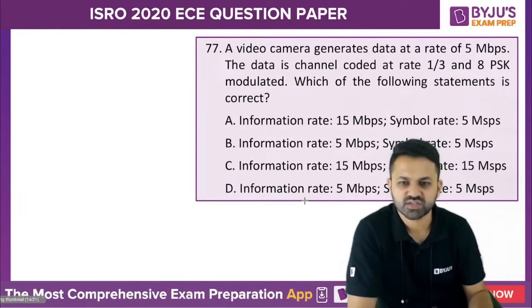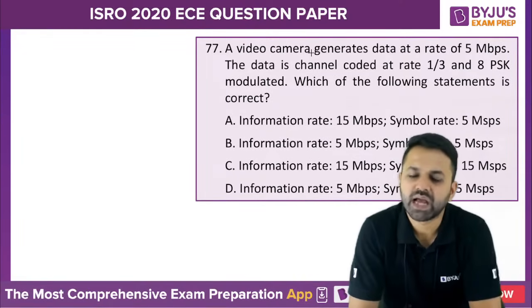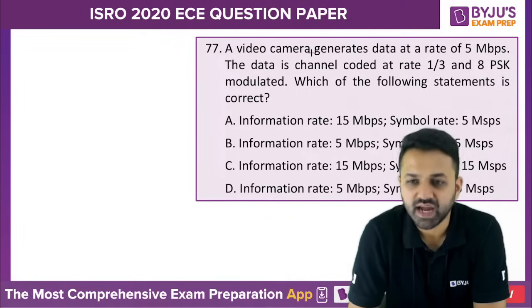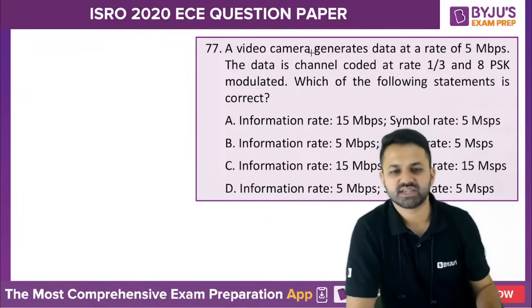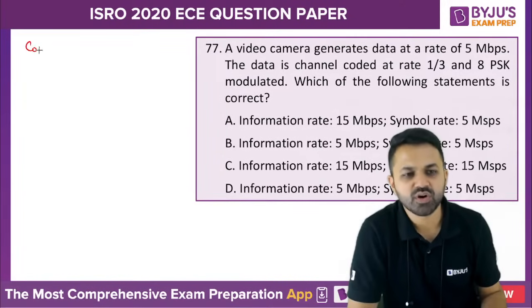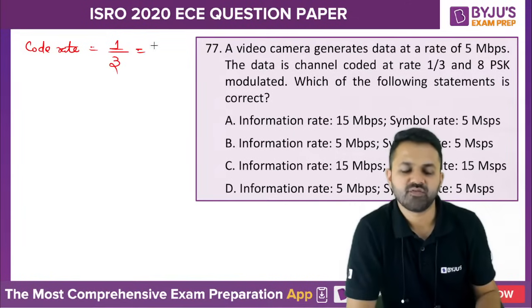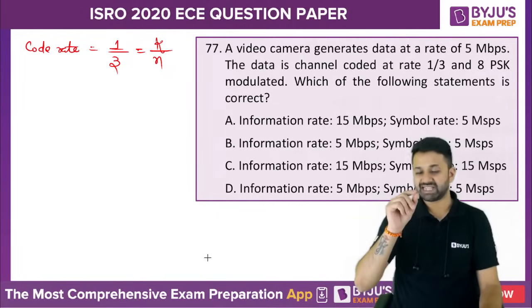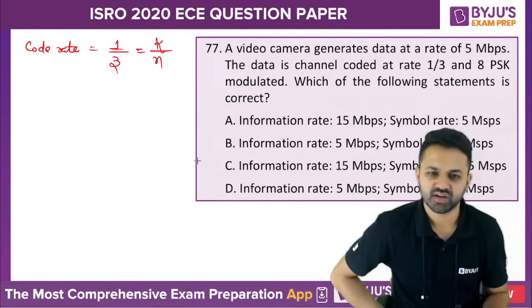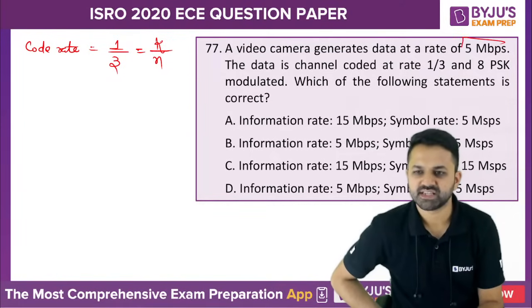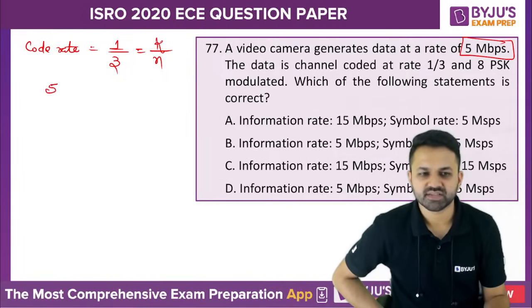Now let's come to the questions of communication. Here you can see that a video camera generates data at a rate of 5 Mbps. The data is channel coded at rate 1 by 3 and 8 PSK modulated. Which of the following statements is correct? Because the code rate is given as 1 by 3, and the formula for code rate is k upon n, for one message bit we are transmitting 3 code bits.